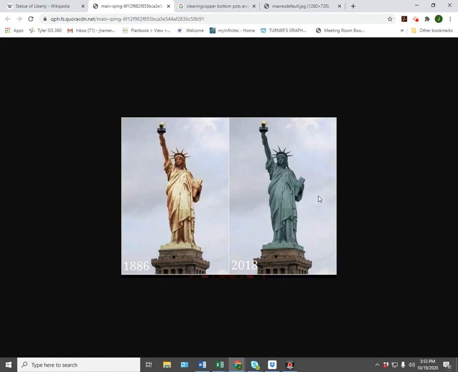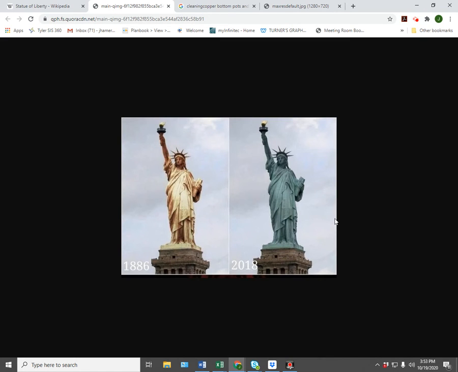So slowly, it would kind of eat away at the Statue of Liberty. By leaving it this way, that actually creates a little bit of a protective coating because the air and the oxygen can't get into where the copper metal is because it's got that coating over it. So it actually slows down the process. It doesn't stop it entirely, but it slows the process down considerably.